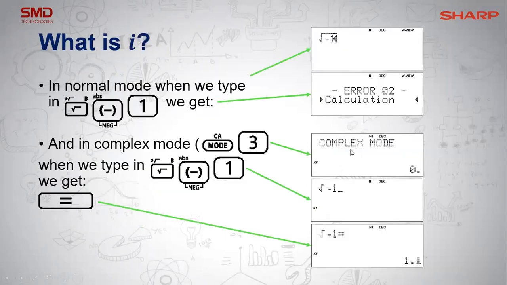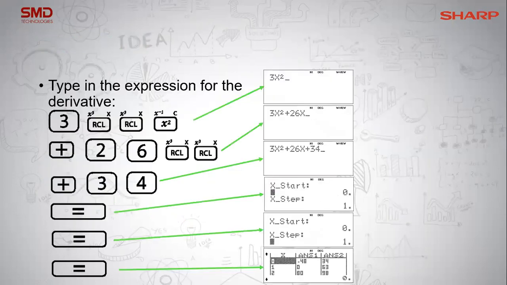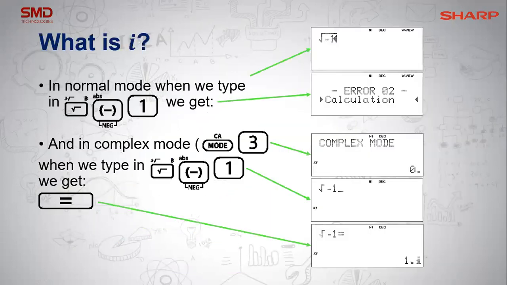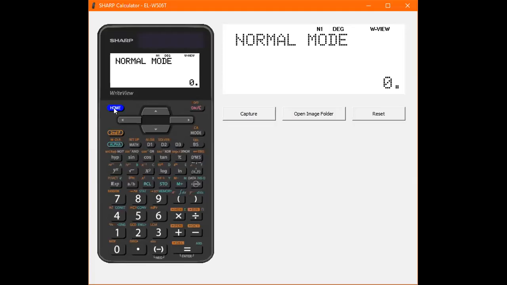Fantastic. Okay, so let's talk through complex numbers, and this is particularly useful for both technical maths and AP maths. You both use complex numbers in your calculations. So I'm going to press home, and home just takes me back to normal mode from whichever other mode I was in.